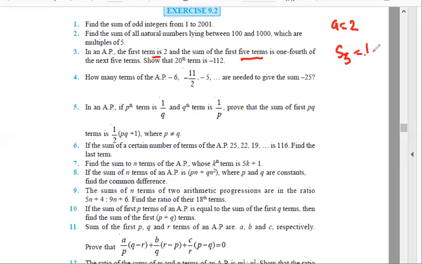This is equal to 1/4 of the next 5 terms, which is T6 plus T7 plus T8 plus T9 plus T10. Sorry, not S, it's T. My bad.